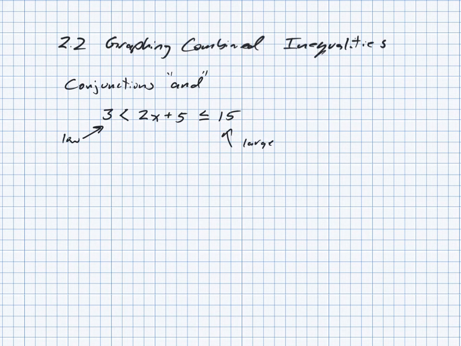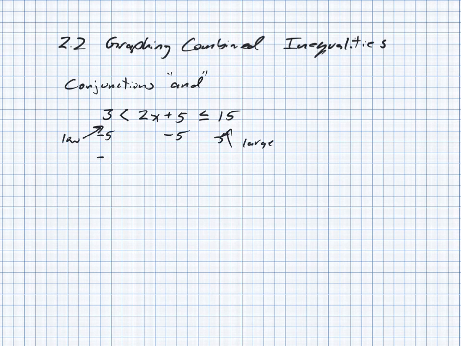There are 2 methods that we can use to solve, and you can go to my notes to find those. I'm going to use the method that seemed to be more popular with most people, and that's to solve the entire inequality as one. We're going to subtract 5 from all sides, a minus 5 here and a minus 5 here.